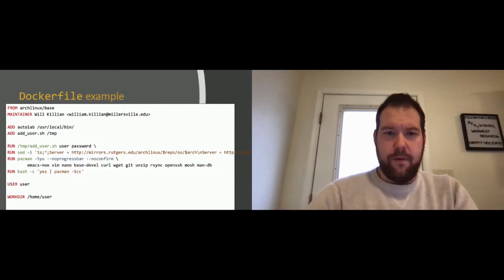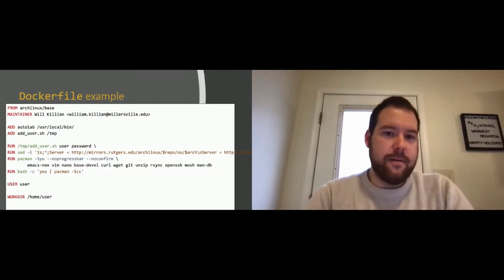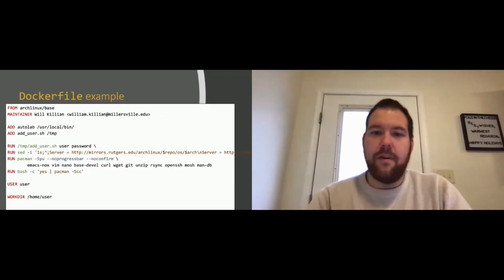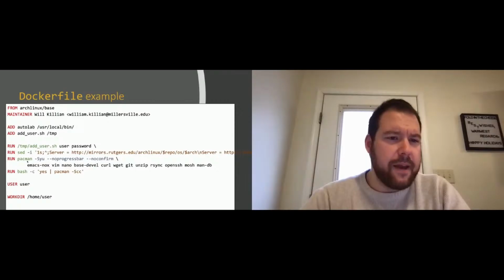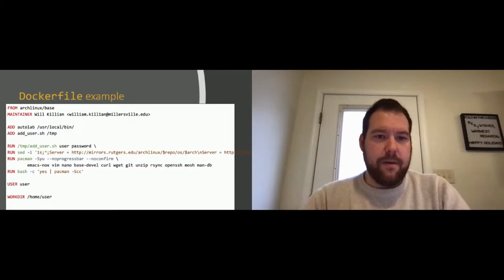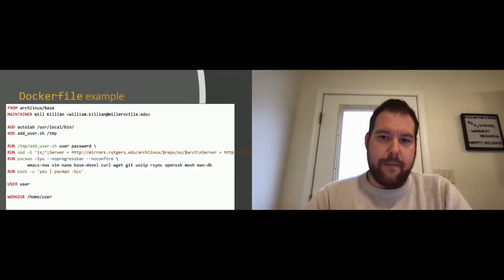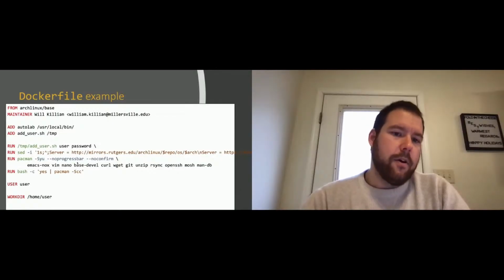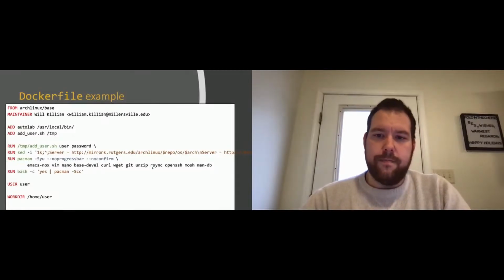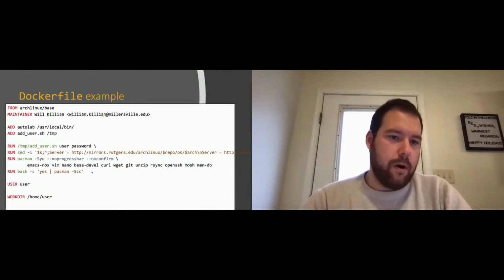Then we're going to use a mirror that's closer. So instead of going to some default, we'll pull information from a Rutgers mirror. And then we're going to install our base packages. So we have the ability to install any packages we want. So being able to have rsync or SSH or Git, curl, command line editors like Emacs, Vim, Nano, etc. So we'll do that, and then we'll clean up all the cache files.